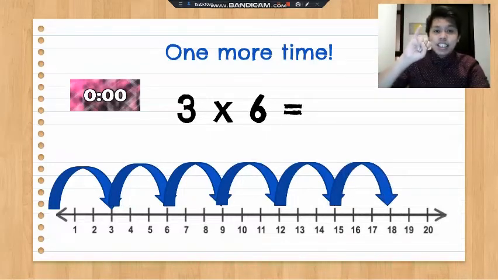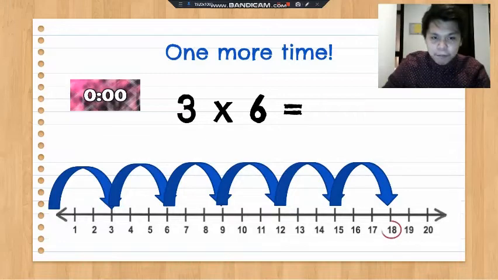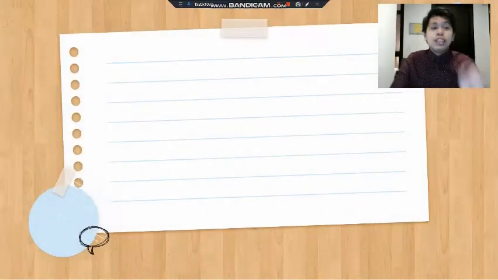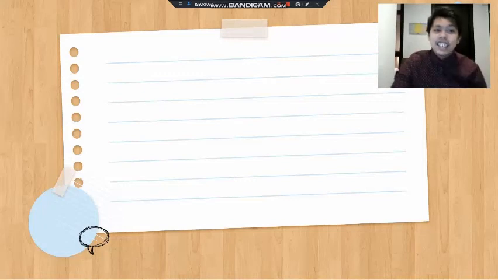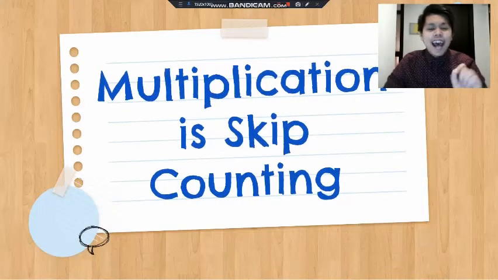That's the sixth step. So we have 18 as the answer. Now remember, you can still do 6 three times. You try that. Now we shall learn multiplication as skip counting.